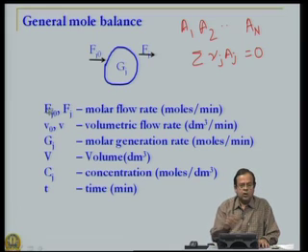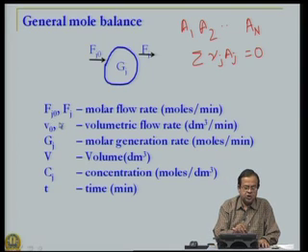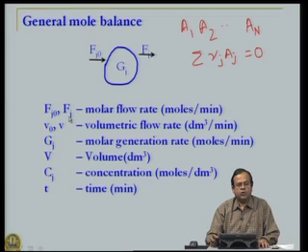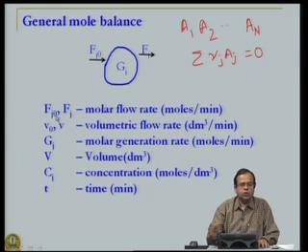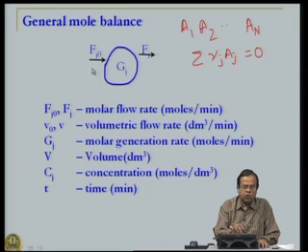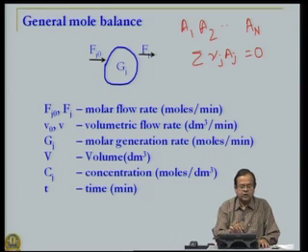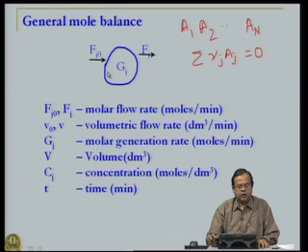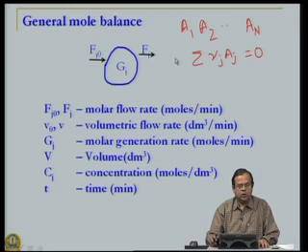To begin with, capital F is the molar flow rate, moles per minute, and we put subscript j to denote the molar flow rate of species j, and additional subscript 0 for denoting the entry point of the reactor. So, Fj0, for example, is the molar flow rate of species j coming into the reactor. Fj is what is going out of the reactor.